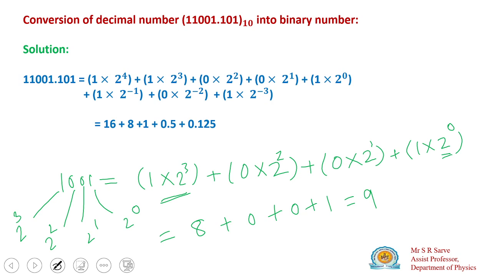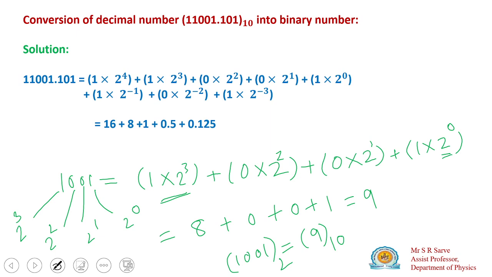That means this binary number 1001 corresponds to the decimal number 9.